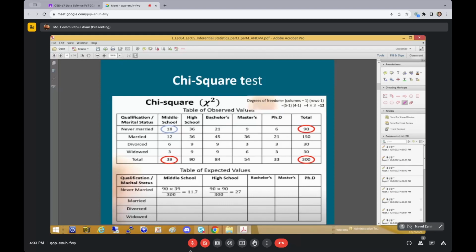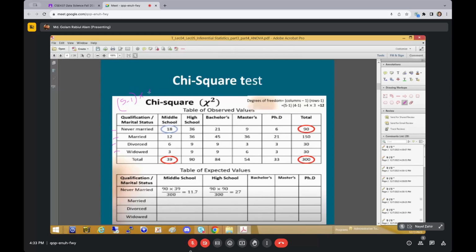The degree of freedom is the number of categories minus 1, so 5 categories minus 1, times the number of different types of individuals minus 1. How many types of individuals do we have? Never married, married, divorced, widowed, so 1, 2, 3, 4.